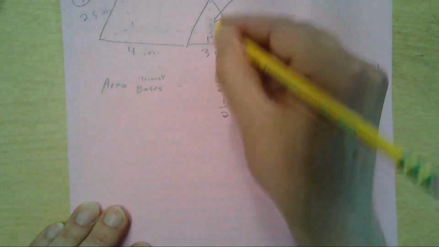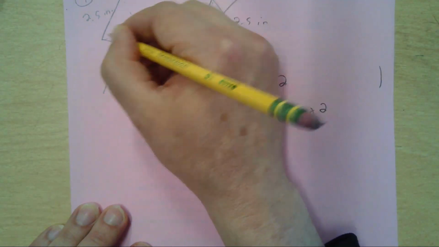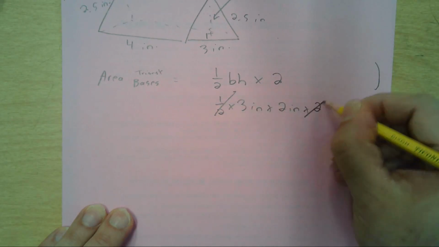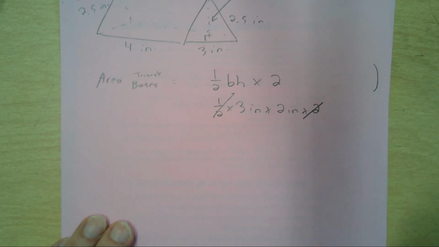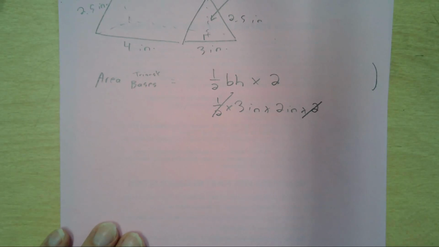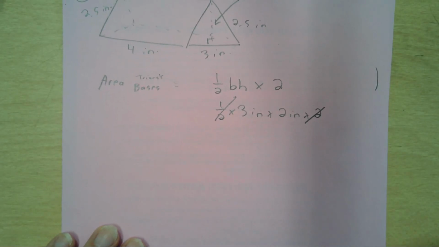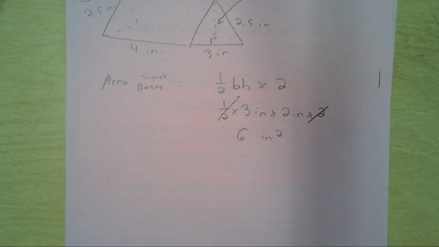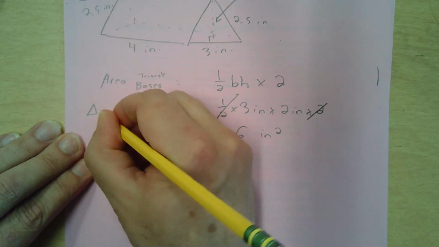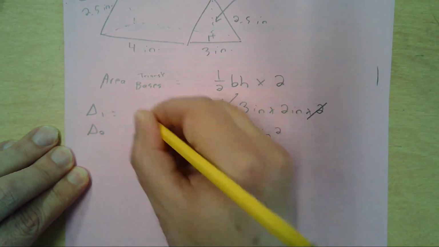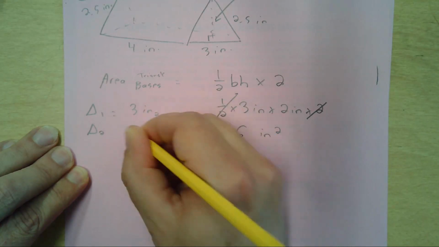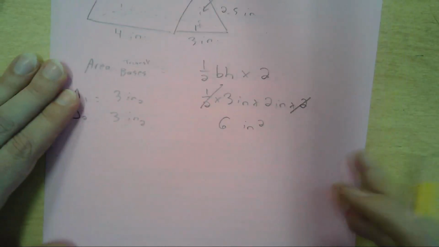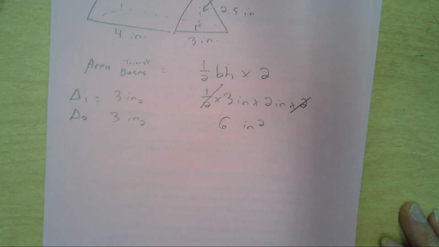In a sense, 1/2 times 2 just cancel each other out. The area of one triangle is 3 inches squared. The area of both the triangles is 6 inches squared. So if I write it out, triangle 1, triangle 2: 3 inches squared and 3 inches squared. All right? So there we go. We got the area of the bases.